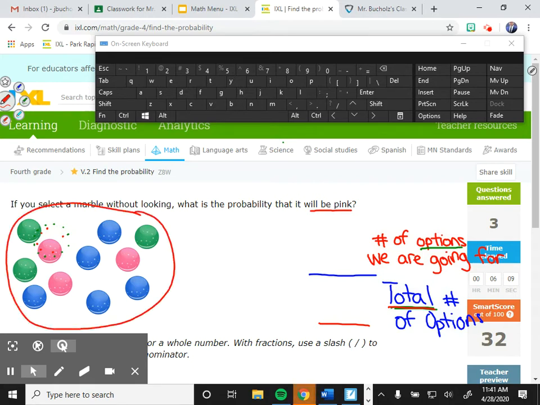We have 1, 2, 3, 4, 5, 6, 7, 8, 9, 10, 11. We have 11 total options. And now we need to look for how many will be pink. So now we count out how many are going to be pink: 1, 2, 3. We have 3 out of 11 chance to pick a pink marble.